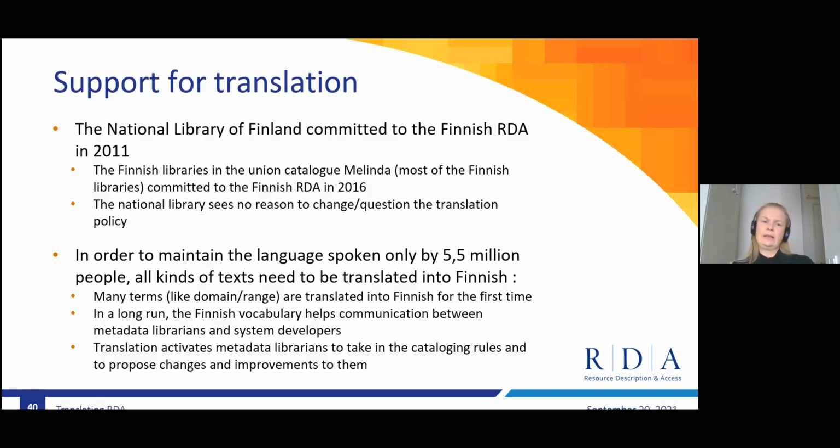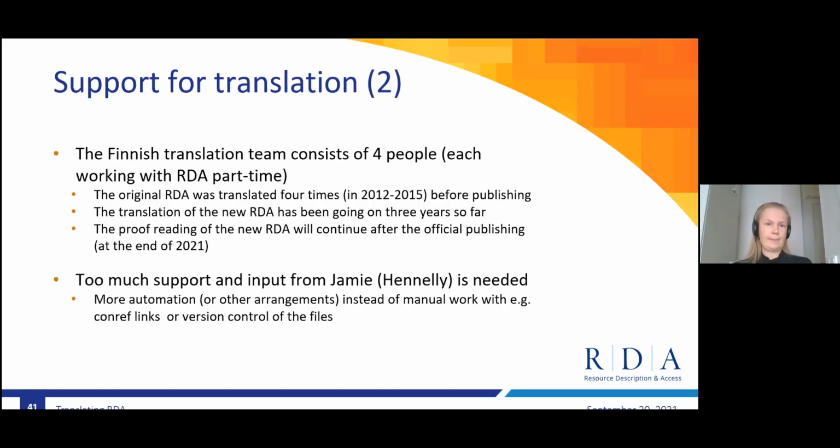I feel that in the long run, this Finnish vocabulary will help communication between metadata librarians and system developers. Translation also encourages metadata librarians to understand more deeply the content of cataloging rules and perhaps propose changes and improvements to them too.